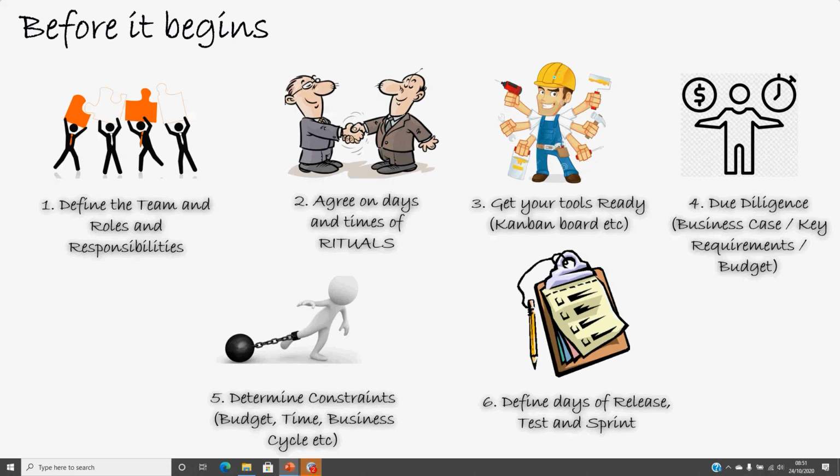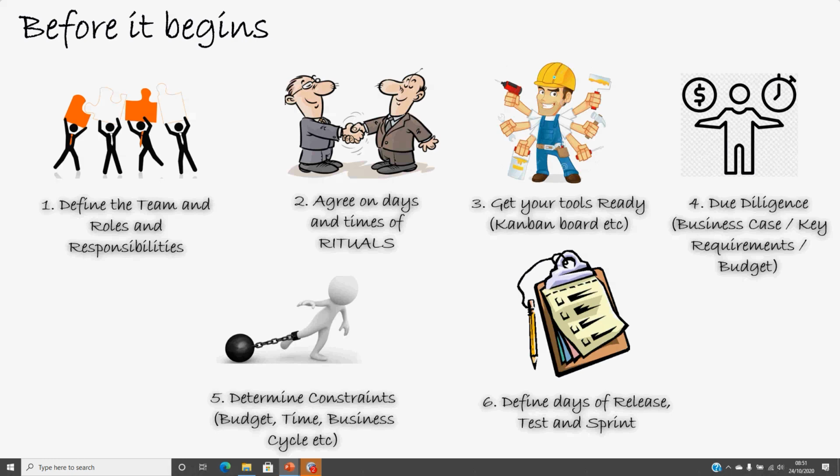Then you have to determine your constraints: the budget, the time, the business cycle, quality, all those things. You have to ascertain them, just like normal project management. And finally, you define the dates on which you will release and test the product for your sprint.